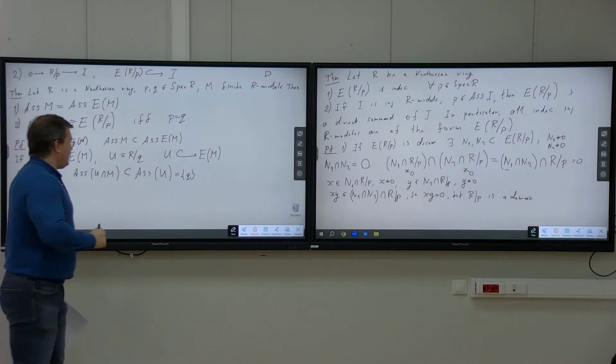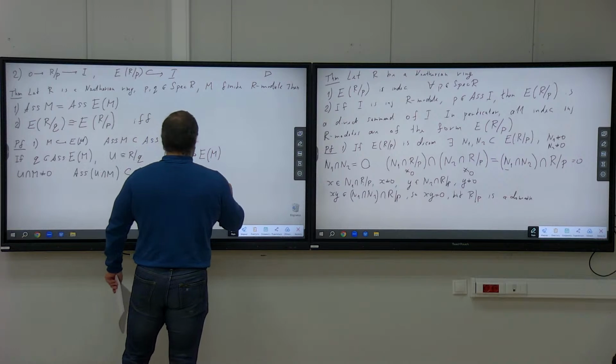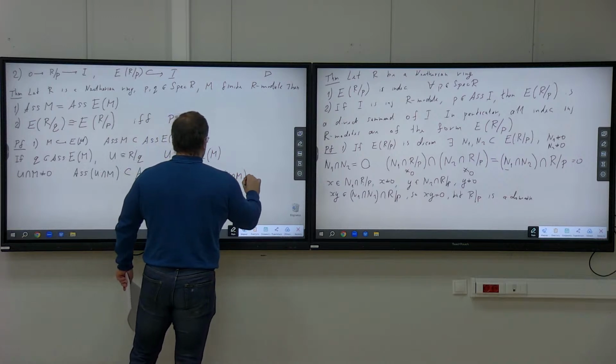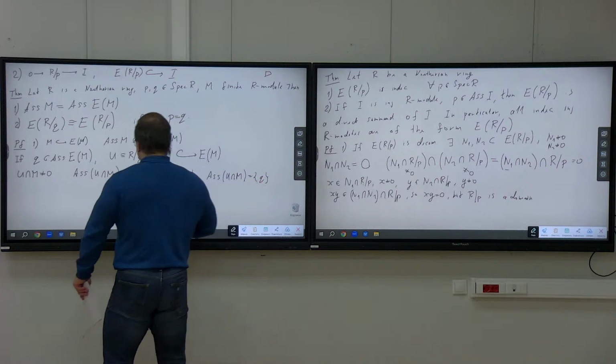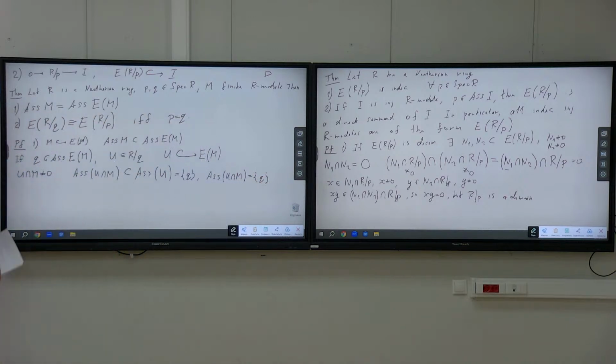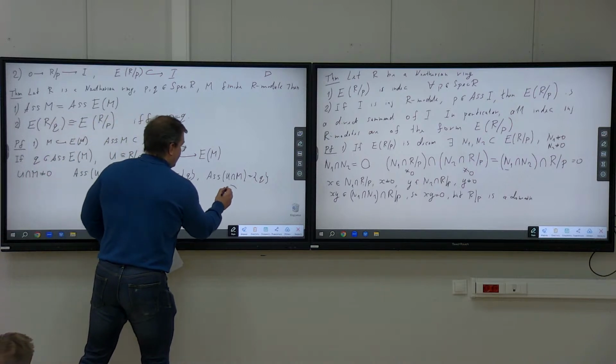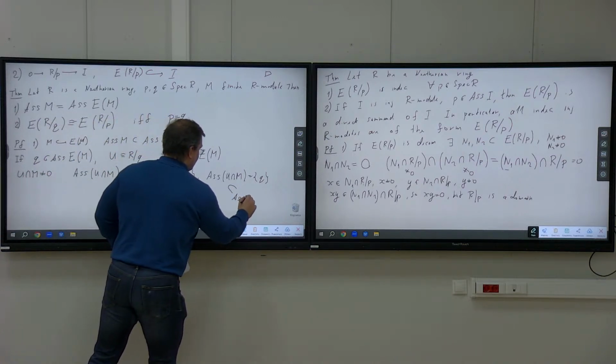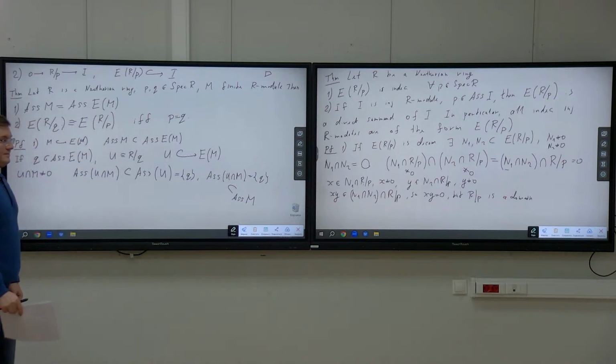So the only possibility is that the associated primes of U intersect this M is just this set with a single element, Q. That was associated to the injective hull, now is associated to U intersect this M, but again, this is inside associated inside M. And that's the end of the proof.